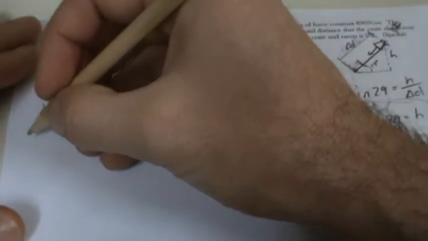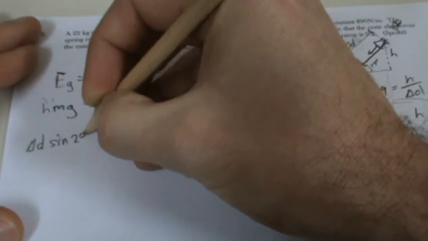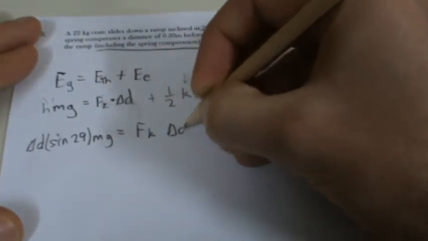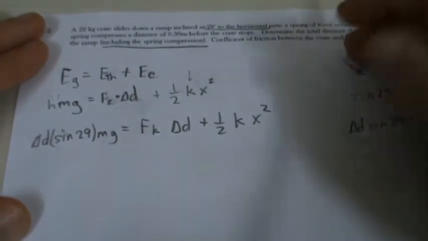So there's our delta D, and here's our delta D as well. We know that h is delta D sine of 29, then times mg equals Fk delta D plus 1/2 kx squared.